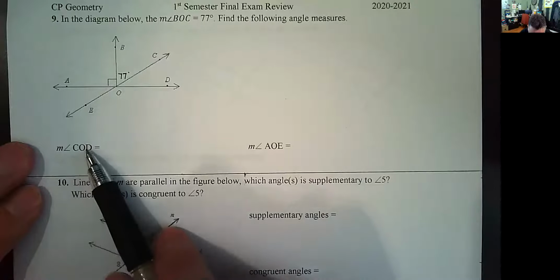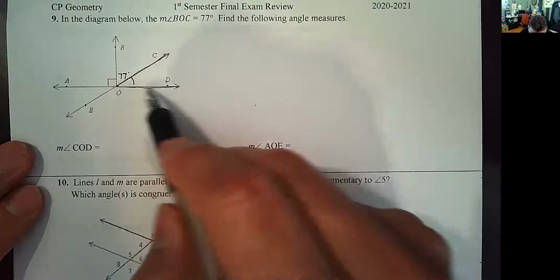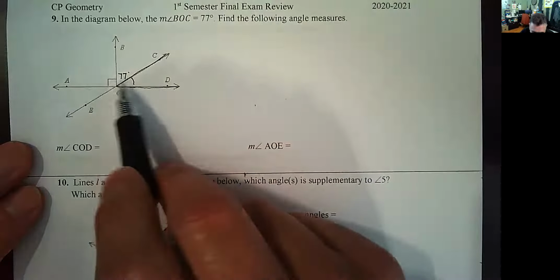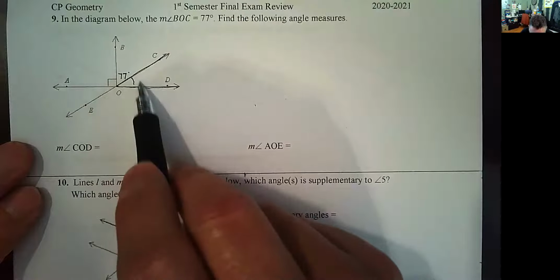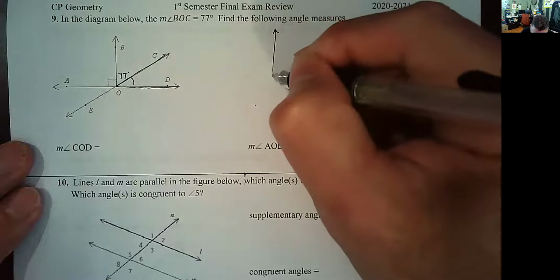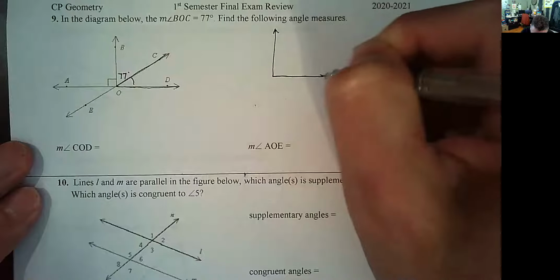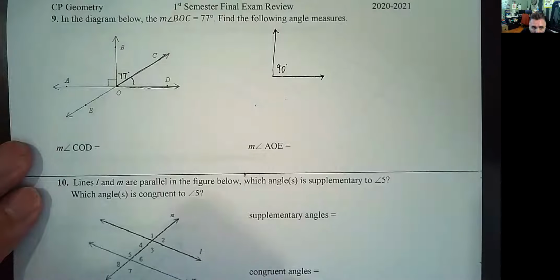Find the measure of COD. Well, COD is down here. COD, right? So if you take a look at these two here, those two are complementary, meaning they equal 90 degrees.